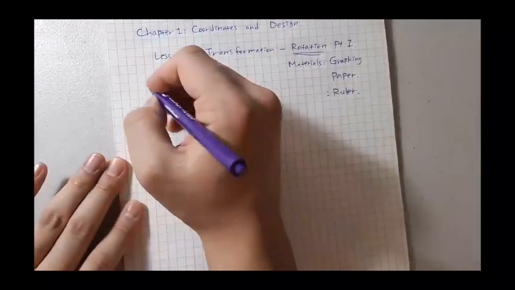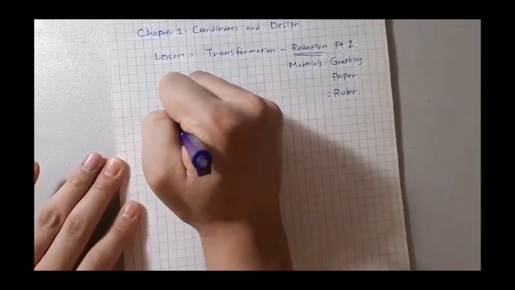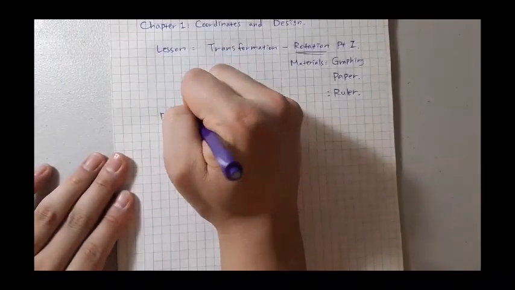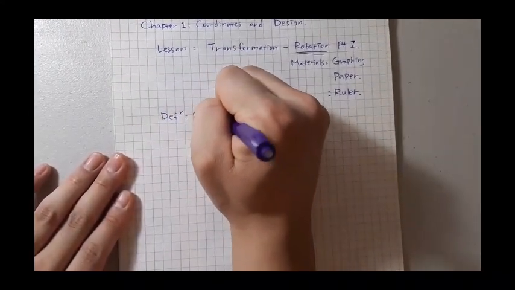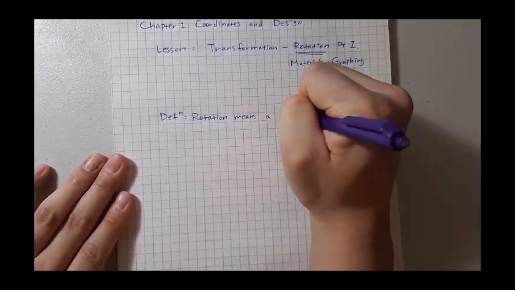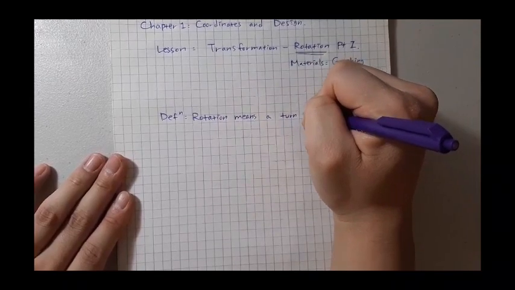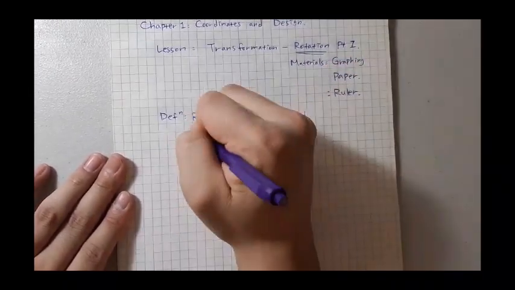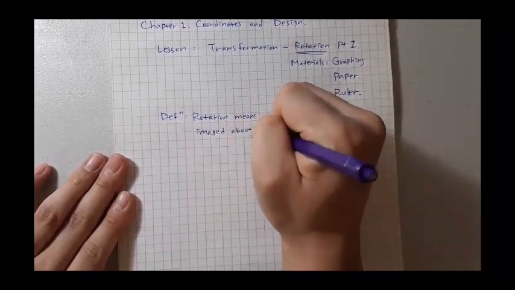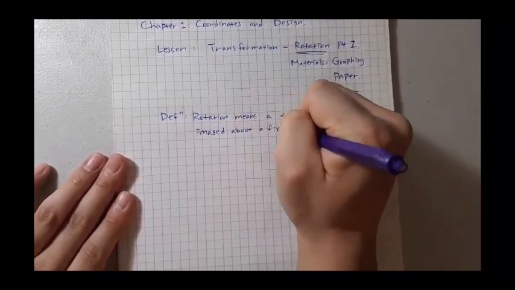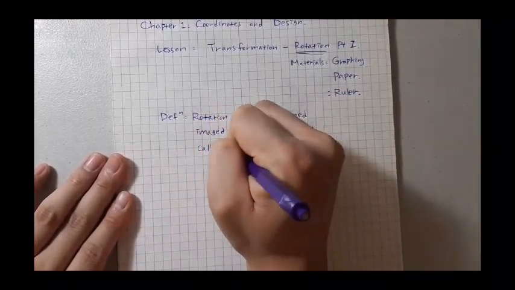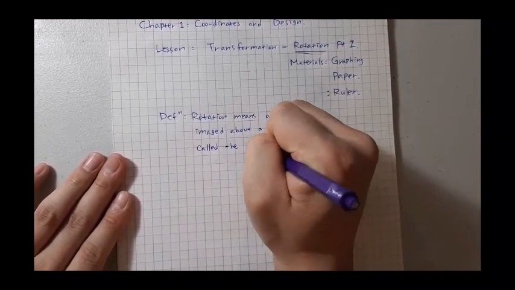What does a rotation mean? Definition: rotation means a turned image about a fixed point called the center of rotation.